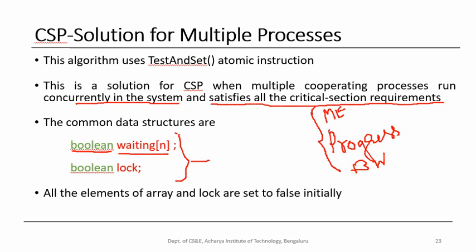That means they can either hold true or false, and one more variable, lock, which is also of type boolean and can hold true or false. Initially, all the elements of the array are set to false, and also the value of lock is set to false.